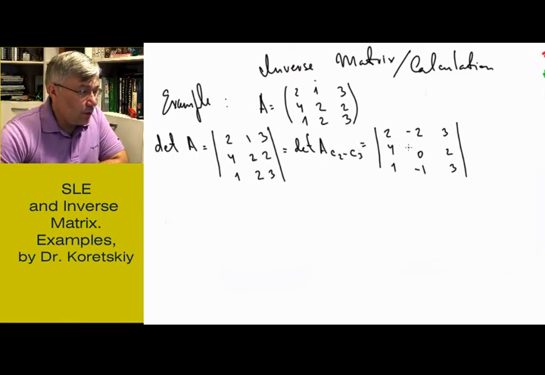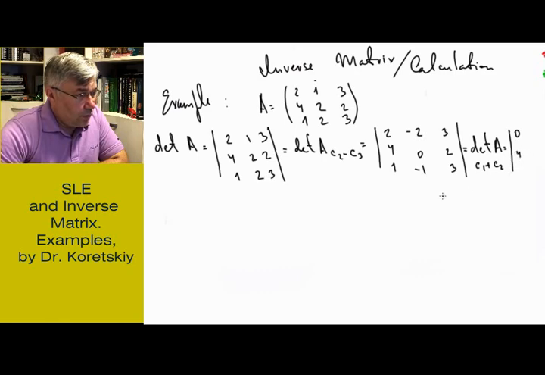So the determinant of the matrix A, when I add to the column C1 plus C2, gives me 2 plus minus 2, 0, 4 plus 0, 4, 1 plus minus 1, 0, minus 2, 0, minus 1, 3, 2, 3. So now I'm ready to calculate the determinant here, and I move along the first column.